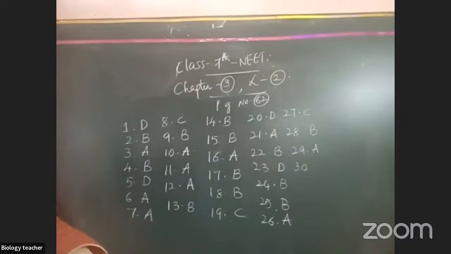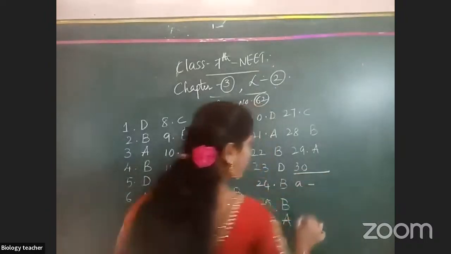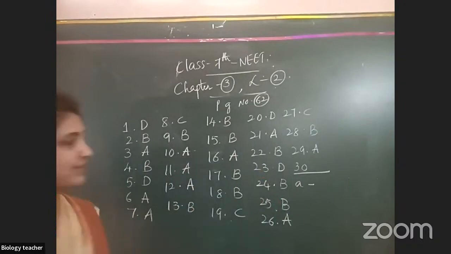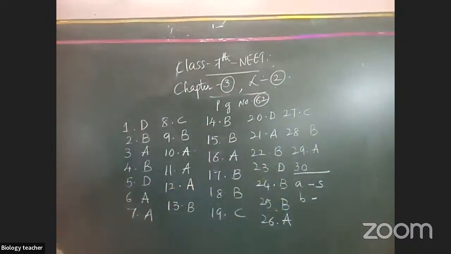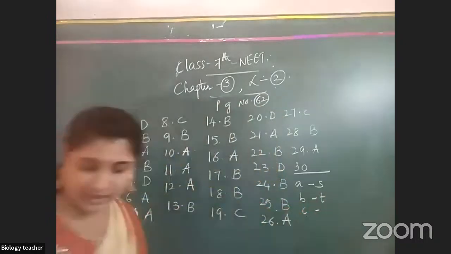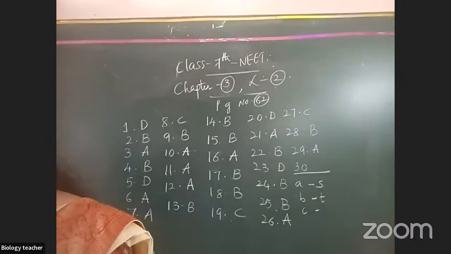Next, 30. Stomata are for what? Plants. So A. Gills are for what? Fishes. So option T. Next, C. What is C here? Tracheal tubes. Tracheal tubes are for cockroach.